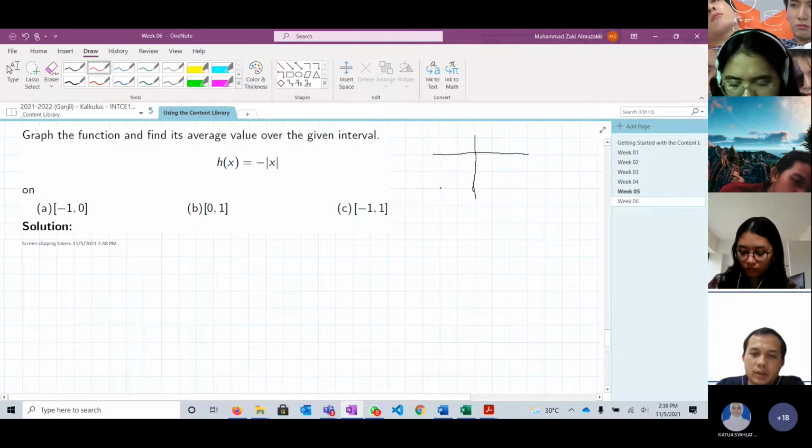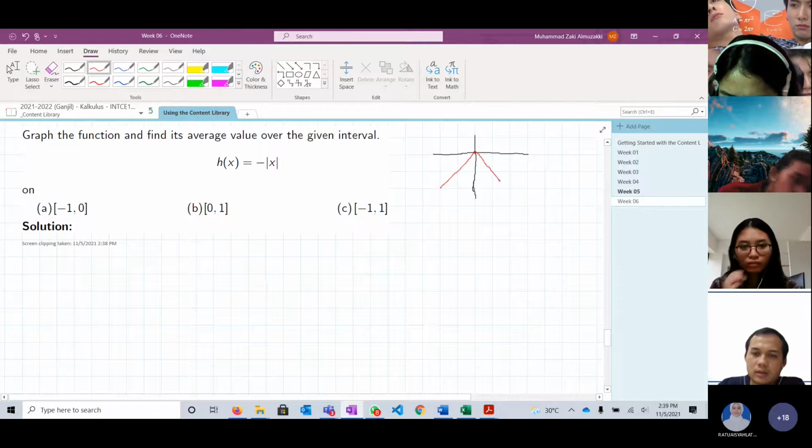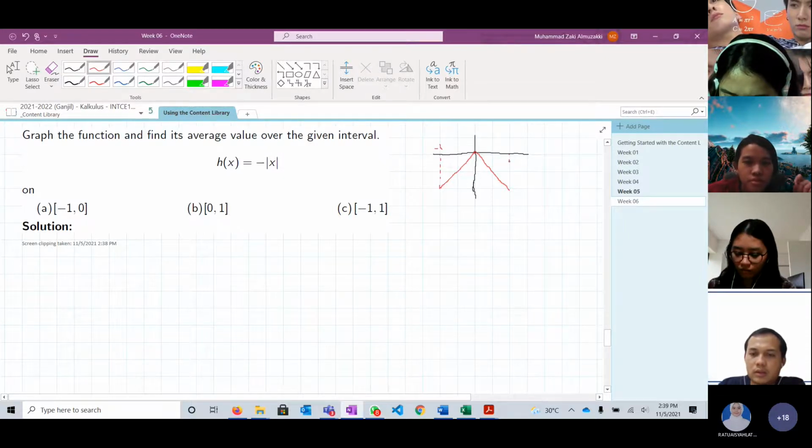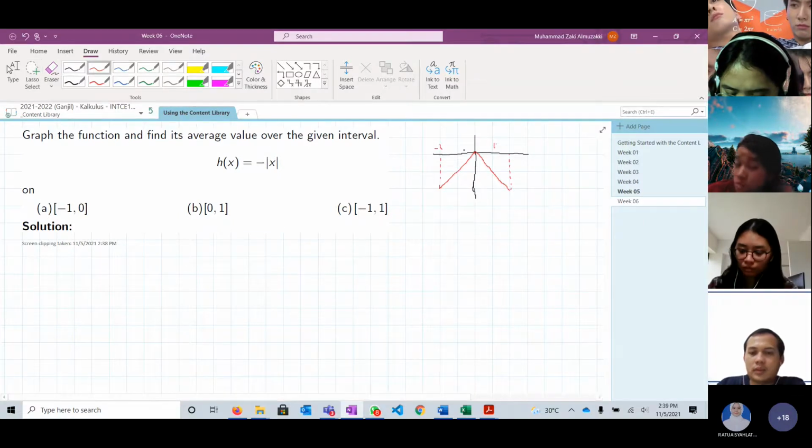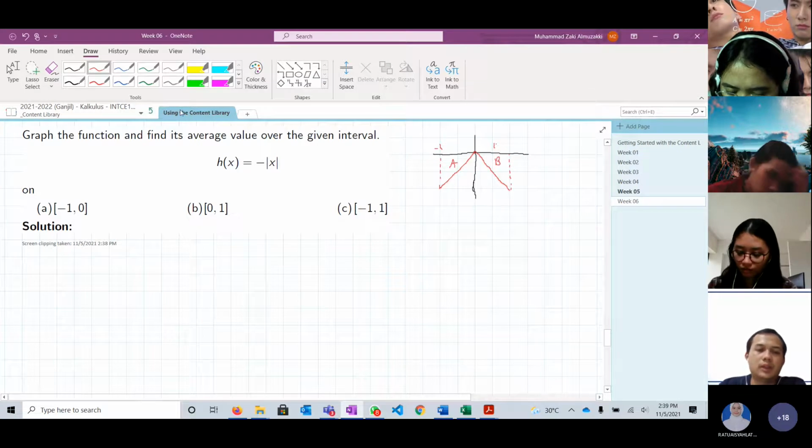Minus absolute x. So here is this guy, from minus 1 to 1. Let's call it area A and B, the integral of A and B.